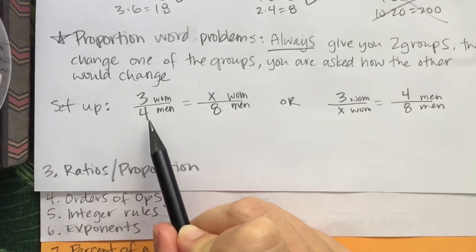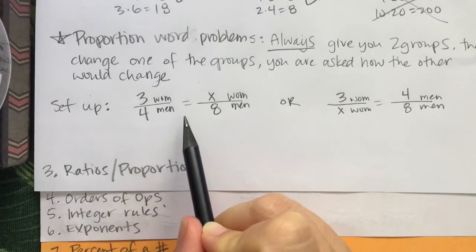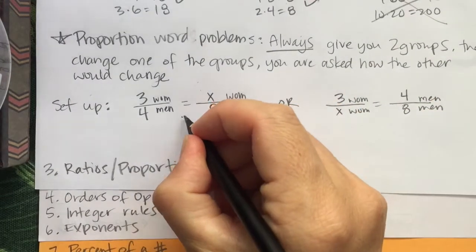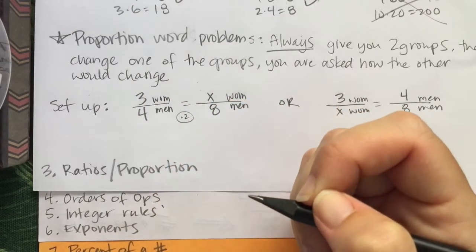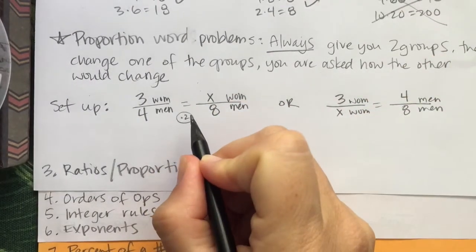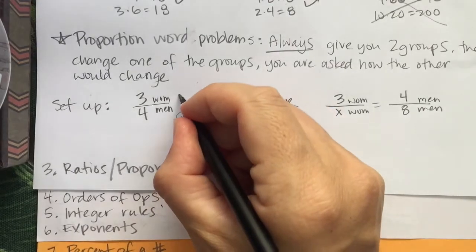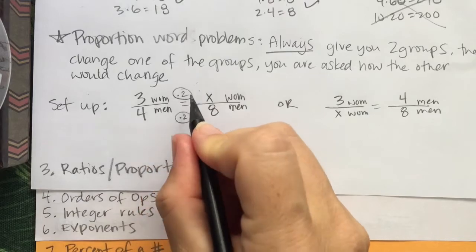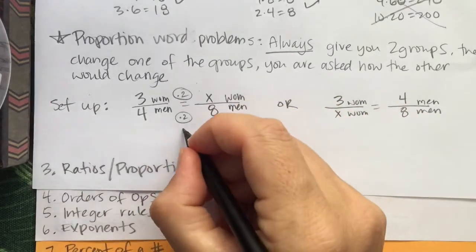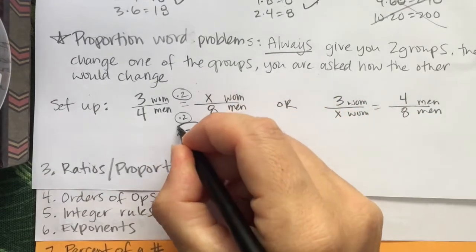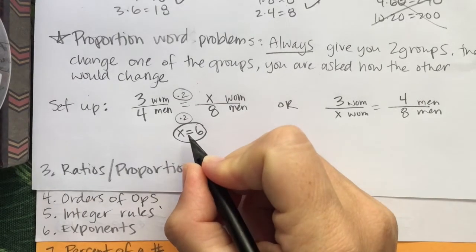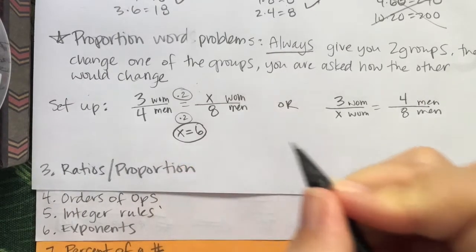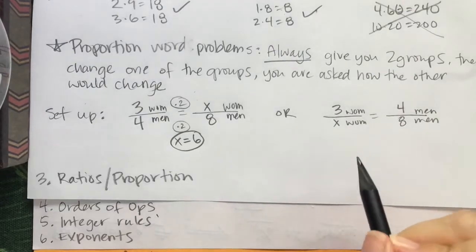But I know in order to turn 4 into 8, I have to multiply by 2. So in order for this to be in proportion, I would have to do the same thing to the top number. So 3 times 2 is 6, so x equals 6. There would be 6 women.